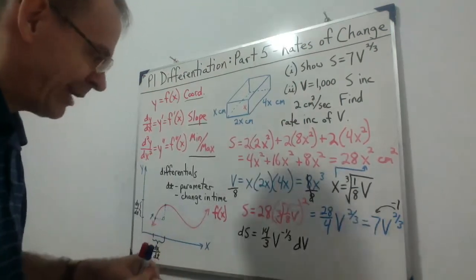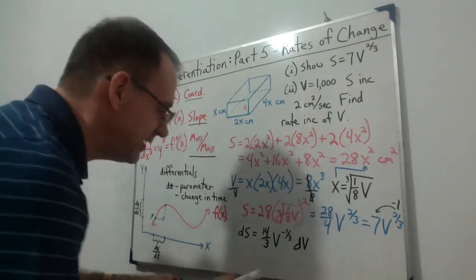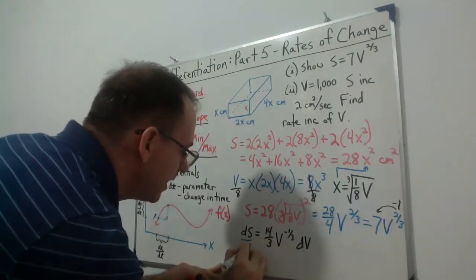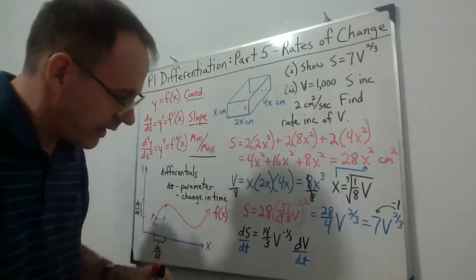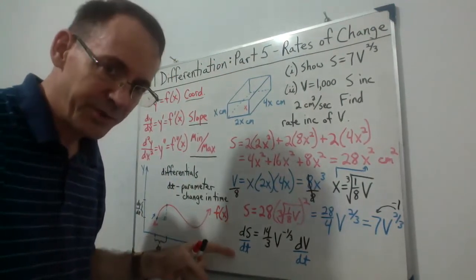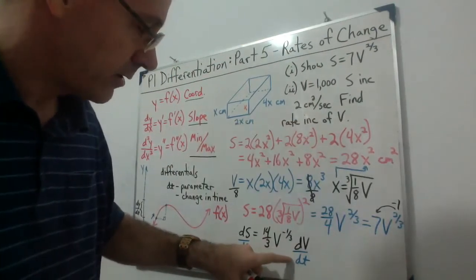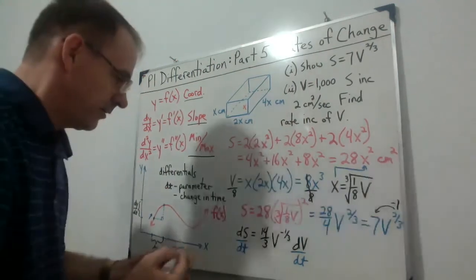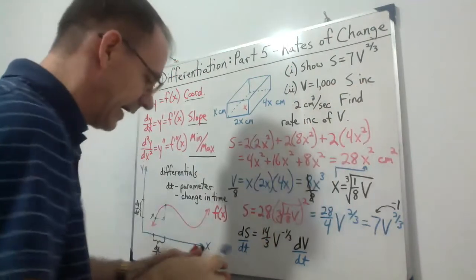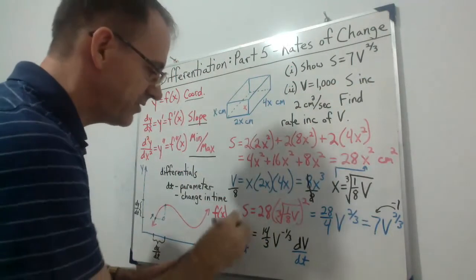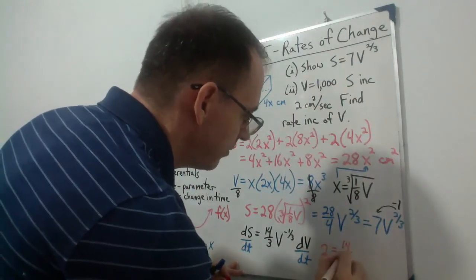Okay, and now we can add our dt here. So divide by dt. There's our time part. Now we have the rate of change with respect to time, and it wants us to find it for the volume. So our ds/dt, right here, our S is increasing at 2. So ds/dt is 2 equals 14/3.